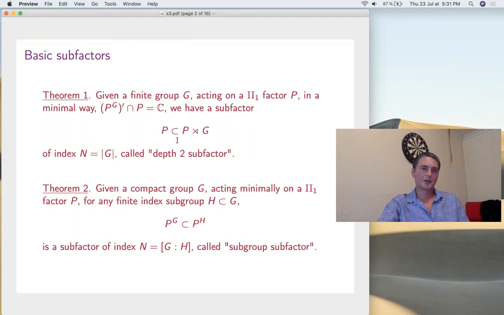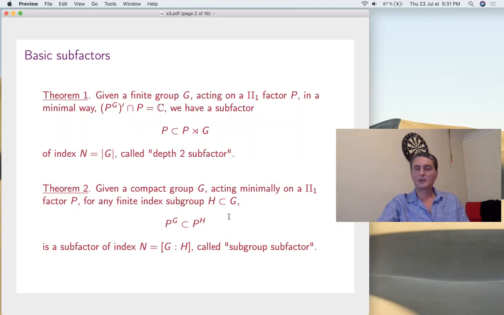Then you obtain a subfactor, of course, of index n, n being the order of the group, since you enlarge somehow by n things. This is usually called either the cross product subfactor or the depth 2 subfactor, because we'll talk later about depths. These are depth 2 subfactors.